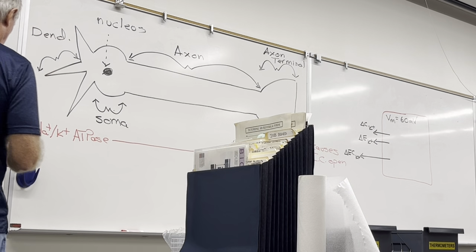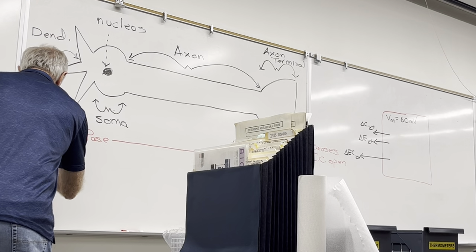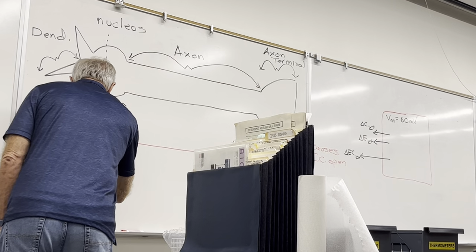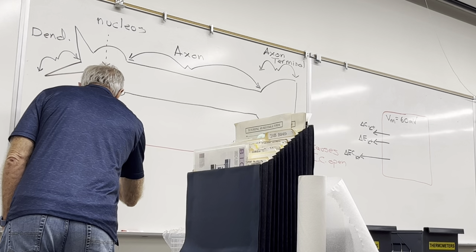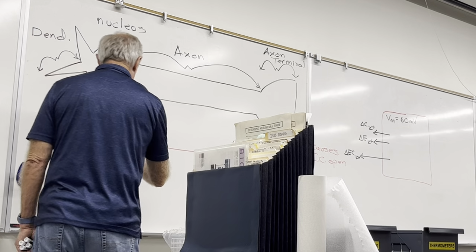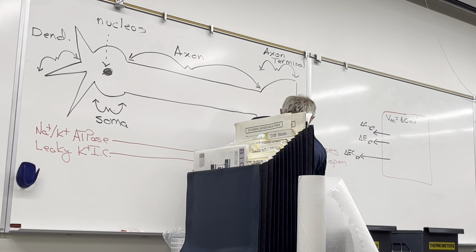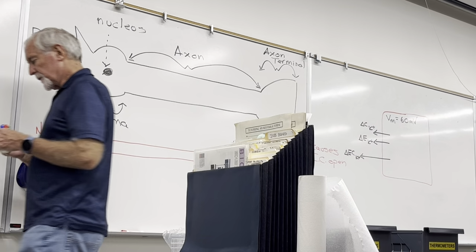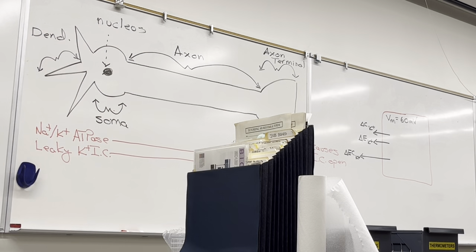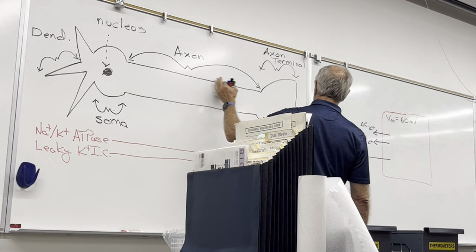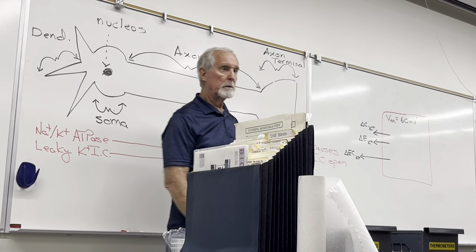There are leaky potassium ion channels. These are found all along the length of the neuron. So, just to be clear, when I say they're found all along the length of the neuron, I'm talking about beginning at the dendrites, the membrane of the soma, the membrane of the axon, the membrane of the axon terminal.